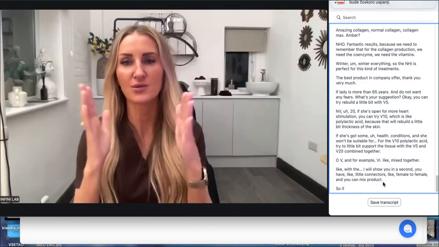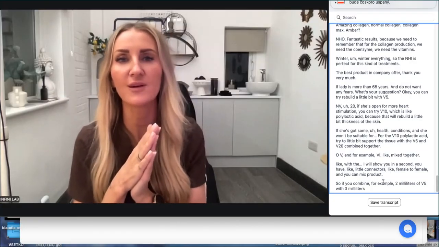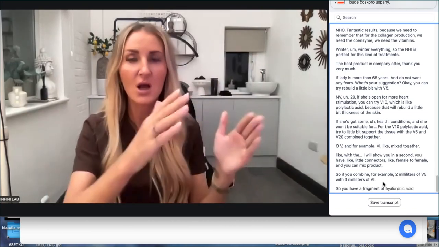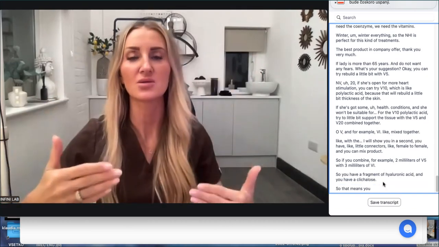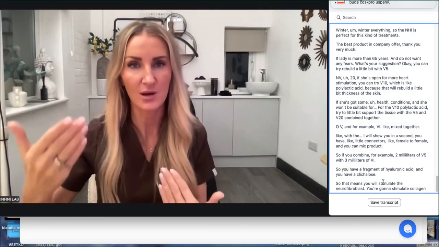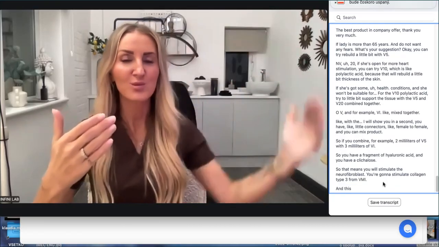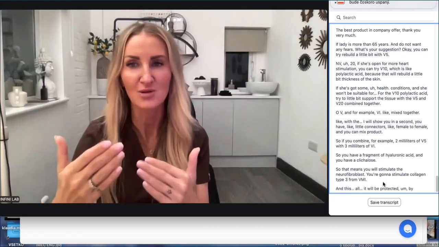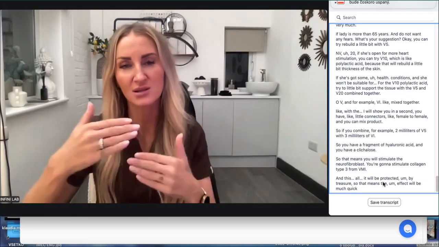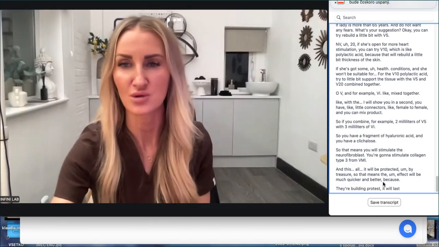So if you combine, for example, 2 milliliters of V5 with 3 milliliters of VI, you have a fragment of hyaluronic acid and you have trehalose. That means you will stimulate new fibroblasts, and you're going to stimulate collagen type 3 from VI. All of this will be protected by trehalose. So the effect will be much quicker and better, because the rebuilding process will last much longer because of the trehalose.